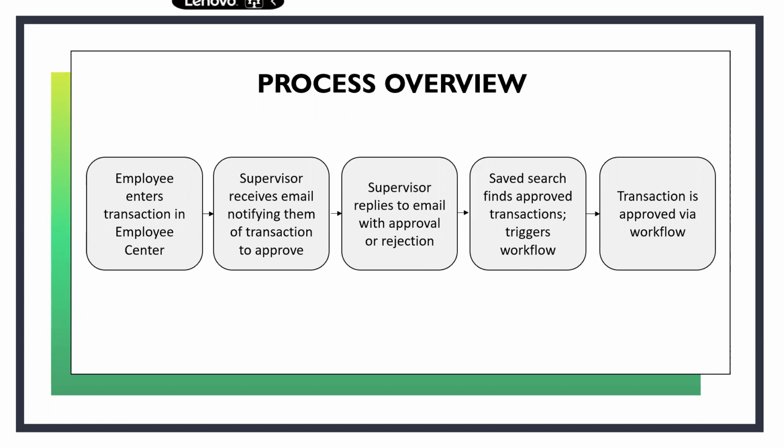My supervisor can then reply to that email and signify whether my request was approved or rejected. You don't need to log into NetSuite at all. Then a saved search will go out and find which transactions were approved and trigger a workflow, and that will successfully approve the transaction. So that's the big picture of how this is going to work.